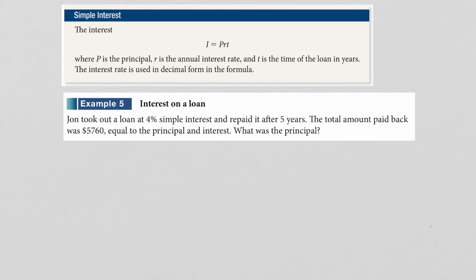So we know the amount that John paid back was $5,760, and this is equal to the principal P that he borrowed plus the interest that he had to pay off the loan. Well, 5,760 is equal to P plus, and then remember, I is P times R times T.